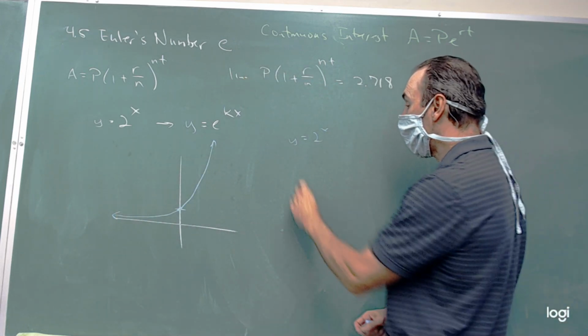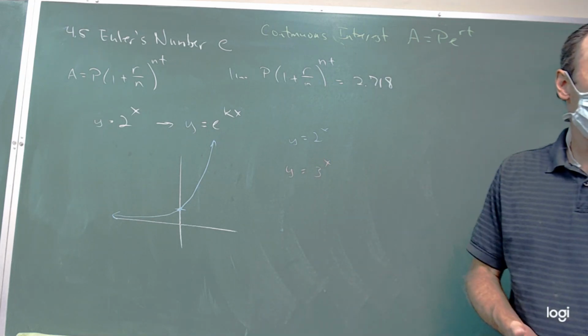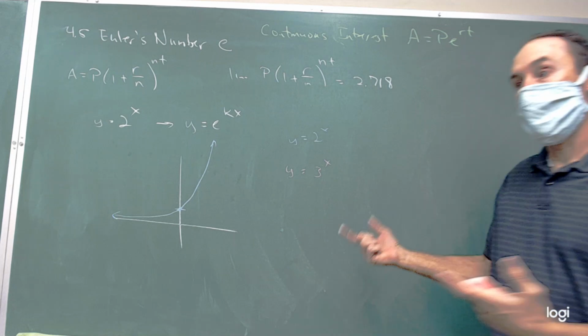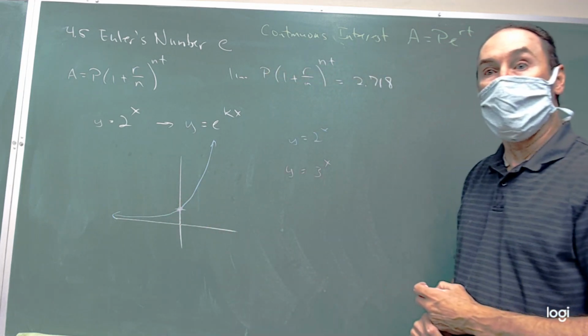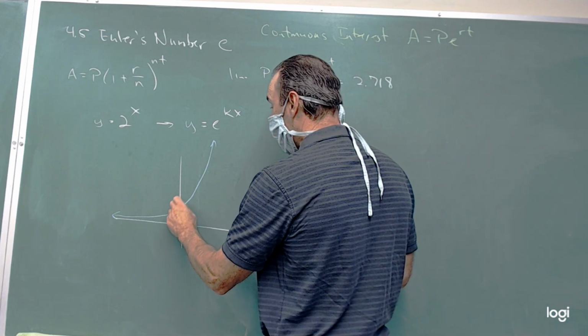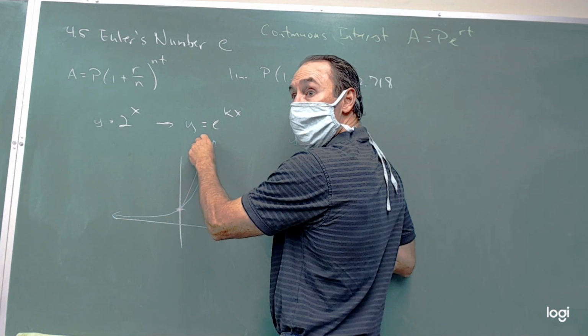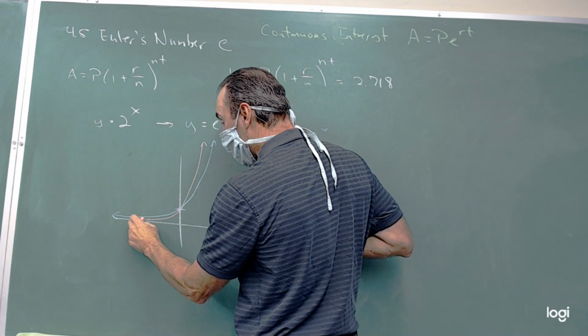If we graph y equals 3 to the x, that also is an exponential growth function. And we talked about yesterday, they're going to share the point (0, 1). And then to the right of the y-axis, the bigger base 3 is going to be a little bit steeper. But to the left of the y-axis, it's going to hug the x-axis a little faster.